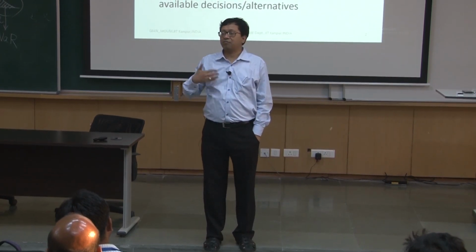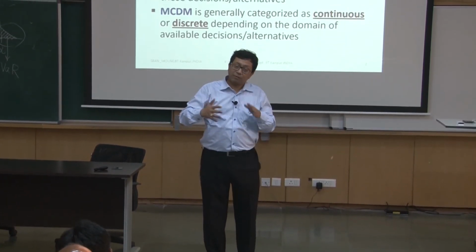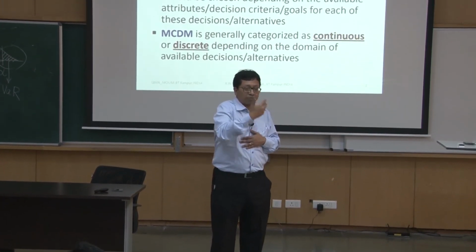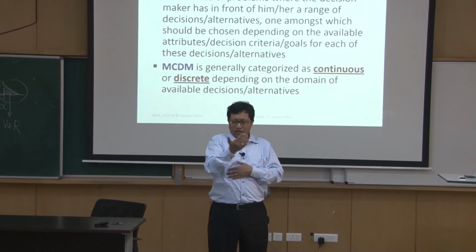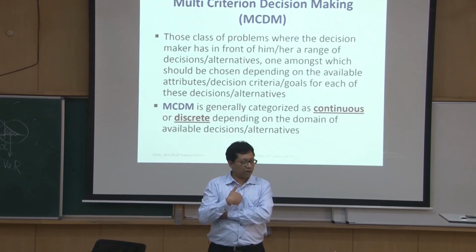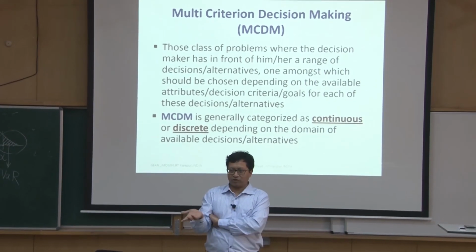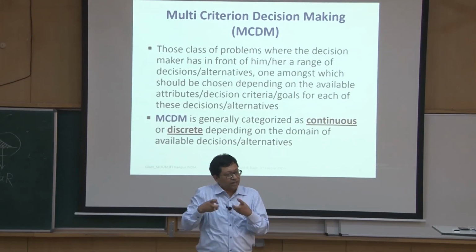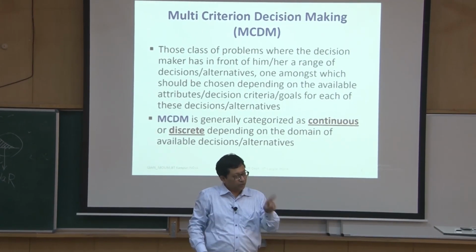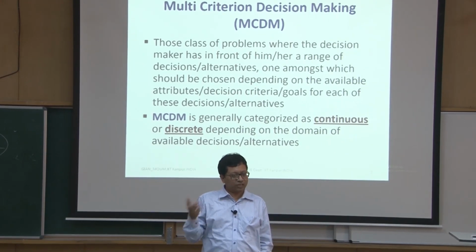My overall perception of the loss and gain would depend on my overall perception of risk. So, say for example, if 2 persons are there, he is doing very well, I am not doing well. In another case, I am doing well and he is not doing well, the level of dissatisfaction and satisfaction will be different. If I am doing well and he is not doing well, that means if I am okay, he is not okay, I am happy.